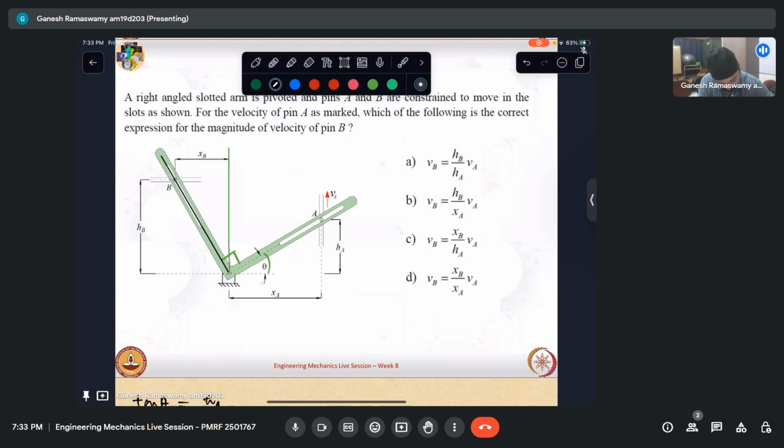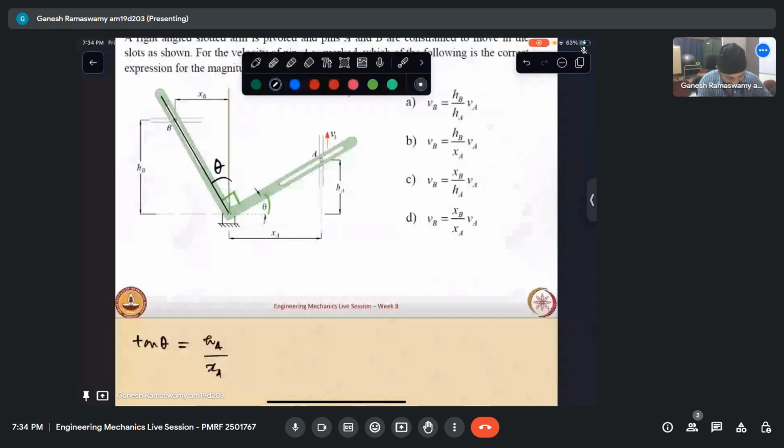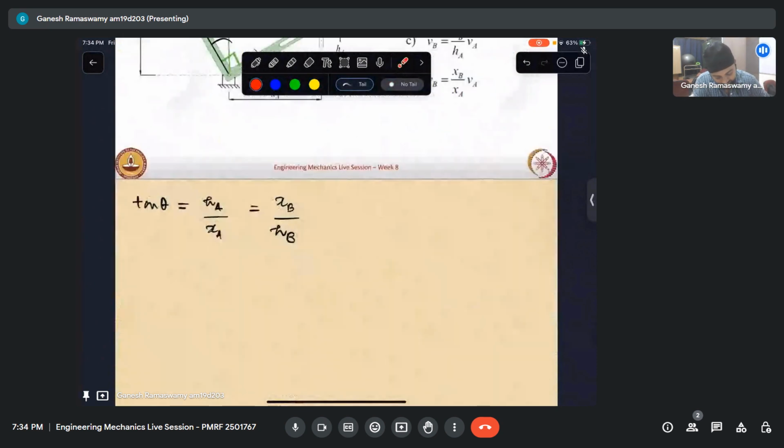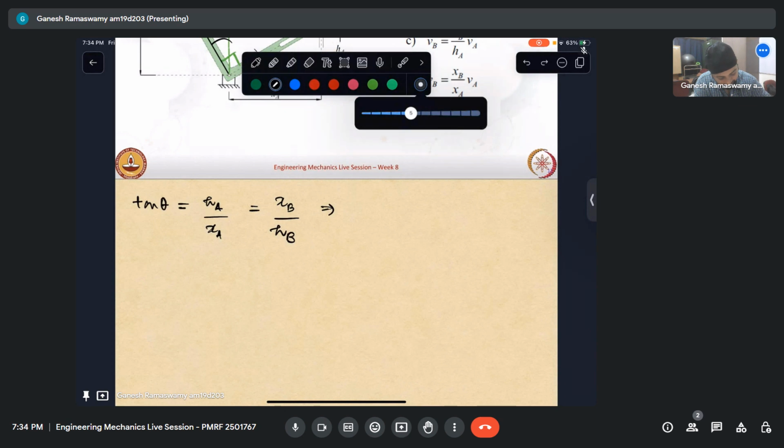So from there, I can see that this is also equal to XB by HB. When I take tan of this theta, it gives me XB by this distance, which is HB. So I've got a relation that HA by XA is nothing but XB by HB.